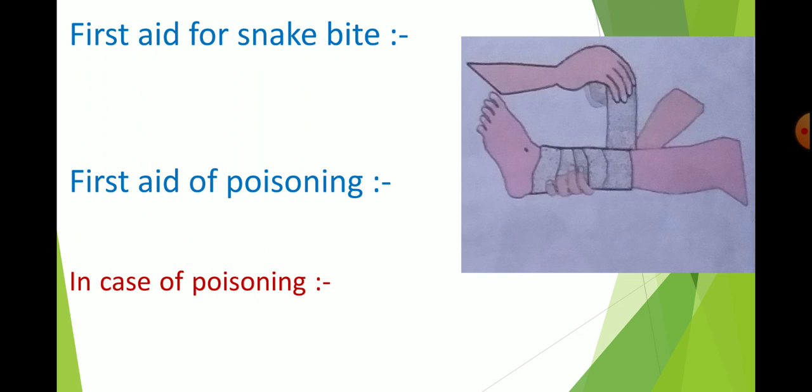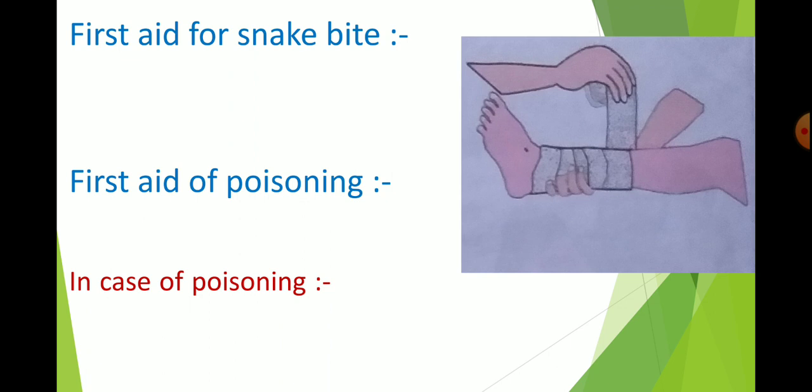Any kind of movement will cause the poison to spread faster in the victim's body, and the victim should be immediately taken to a doctor, because the doctor may give the patient anti-venom injections. Anti-venom injection means a biological product used in the treatment of venomous bites. So this is the first aid for snake bite.